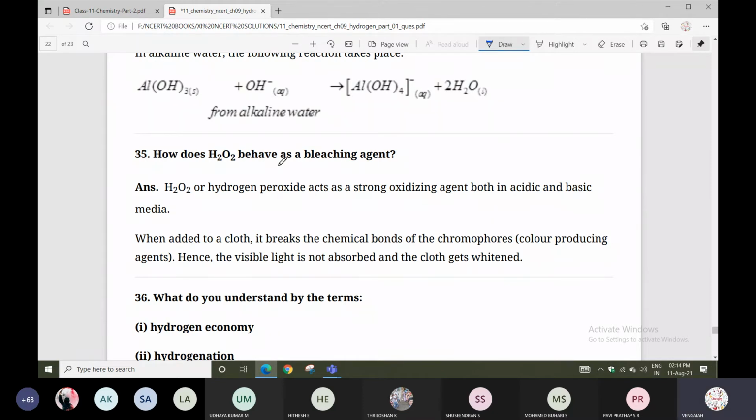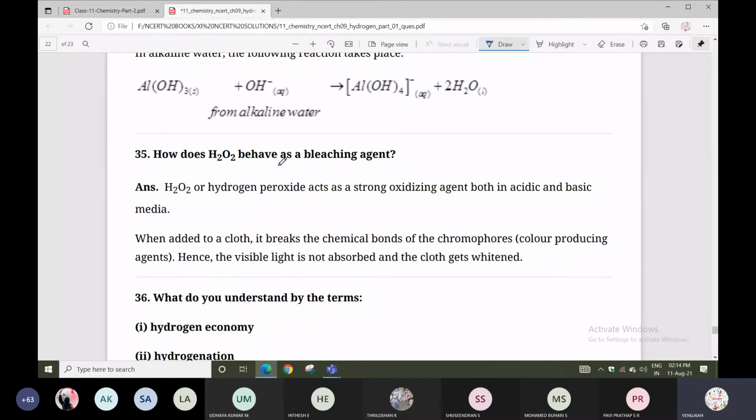Hence visible light is not absorbed, and the cloth gets whitened.